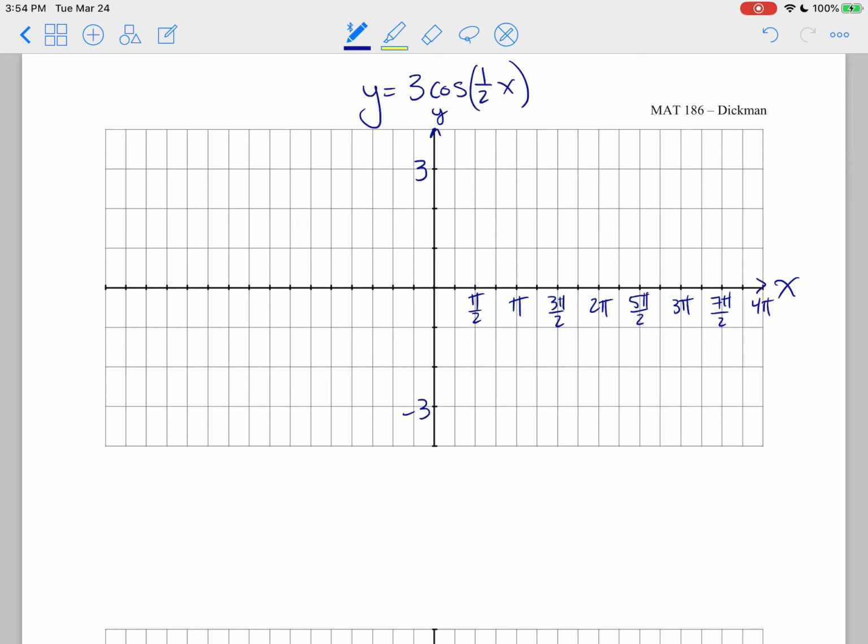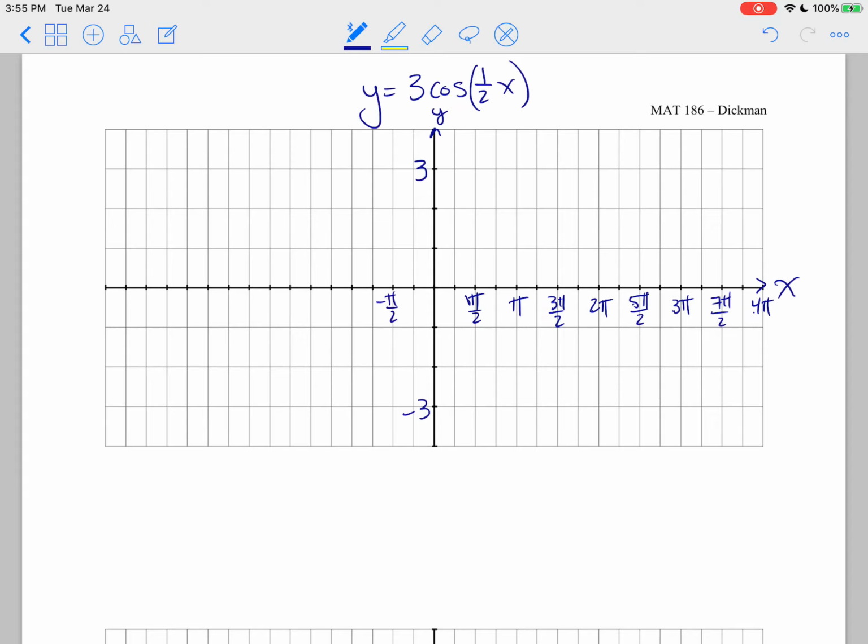So I got my 4 pi in there. And again, I'm just counting up by 1/2 pi. And so the pi's just stay there, and then look at the fractions in front of it. This is 1/2, and this is 2 halves, and 3 halves, and 4 halves, and 5 halves, and 6 halves, and 7 halves, and 8 halves.